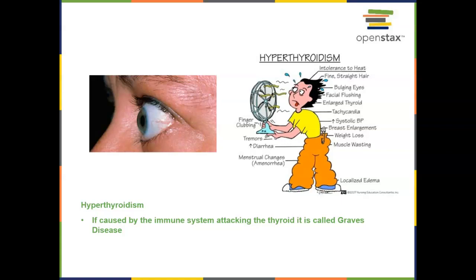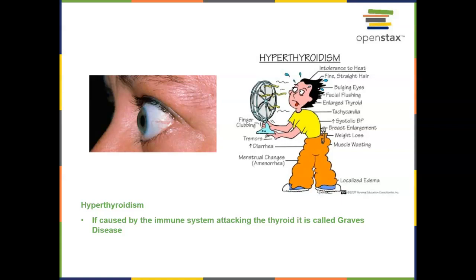You might be more of a trigger person where, you know, someone says something and you go off on them. You may not be able to sleep as well at night. So very opposite of hypothyroidism.